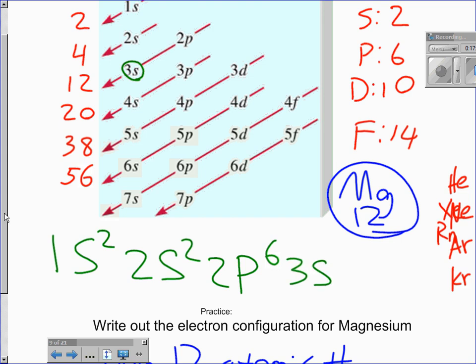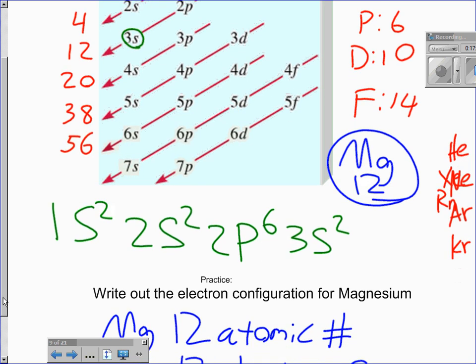And after 3s, how many electrons? S's can fit 2. So we will put a 2 right here. Let's count it up. We have 2, 4, 6 more, that's 10, and 2 more, that's 12. There is the electron configuration of magnesium.